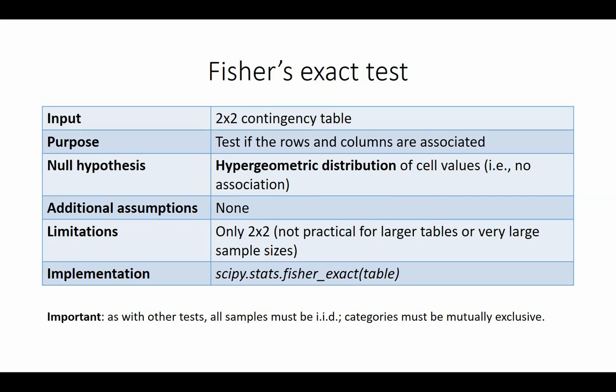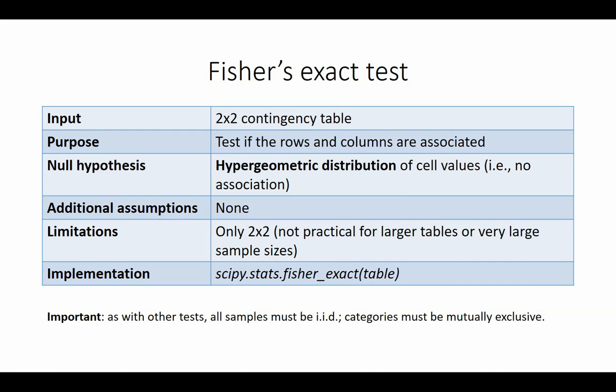So in some way, it's more like the non-parametric tests that we saw that don't make any assumptions about more specific distributions. Now, it's a very, very powerful test, and as the name suggests, it gives exact results. But the limitation is that it's not practical to do it for large tables or large sample sizes.